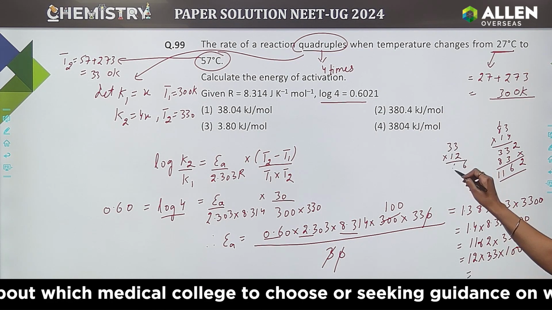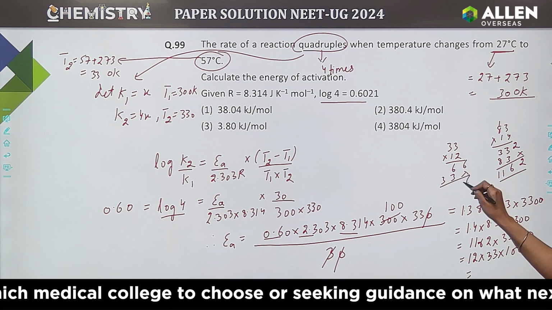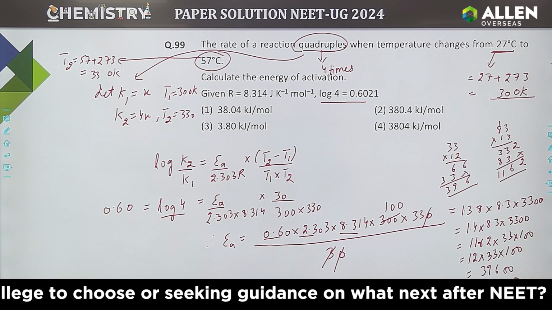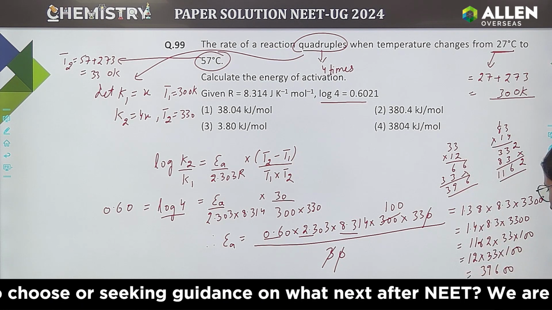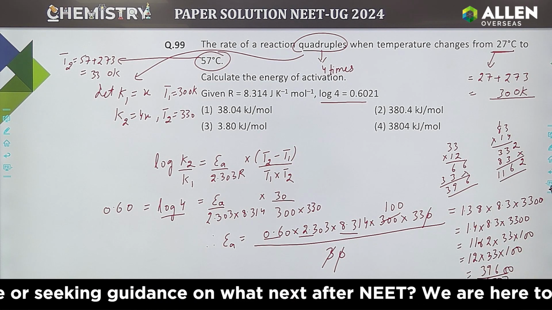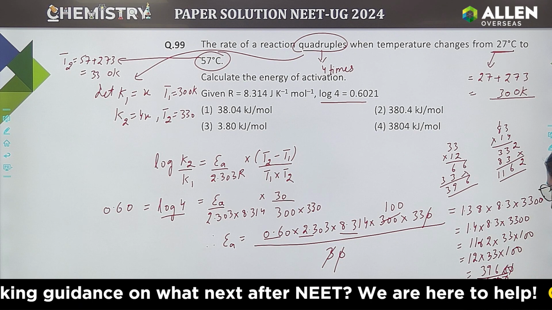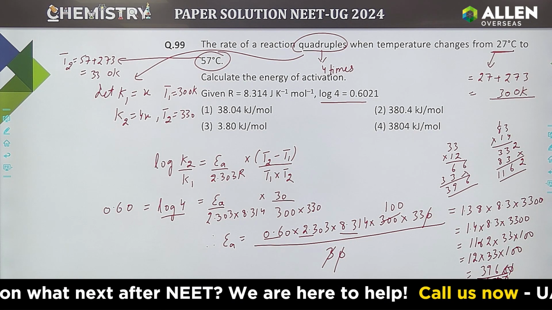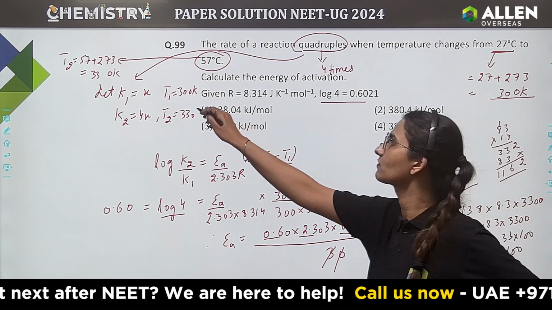What I'm getting is 39600. That means it's in kilojoule, right? So if I divide by 1000, it is approximately 39.6. So we'll go with 38.